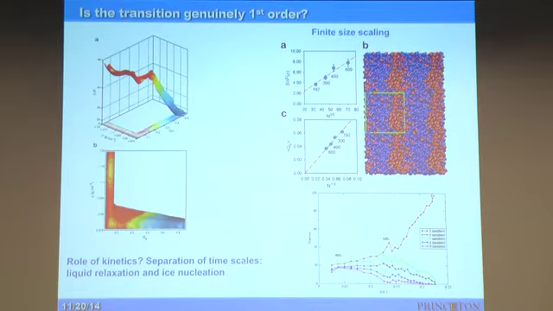So I just want to make one comment here. If we look at this free energy surface that now is represented here, not just projected on a plane, we see the depth of these two basins.